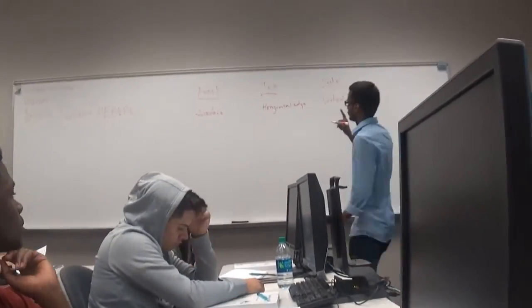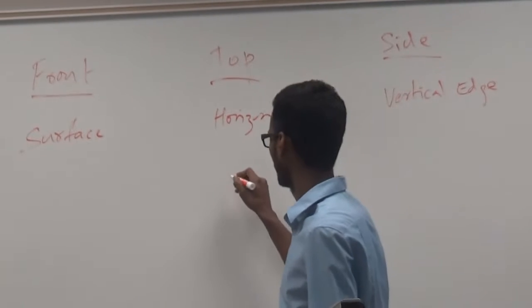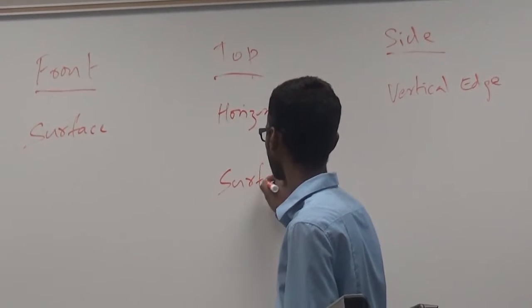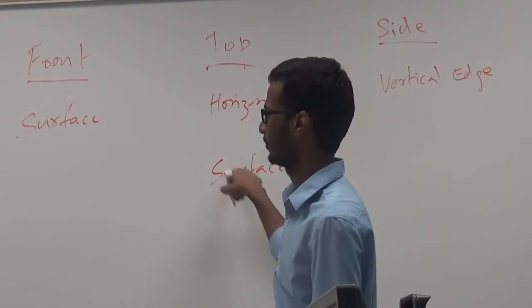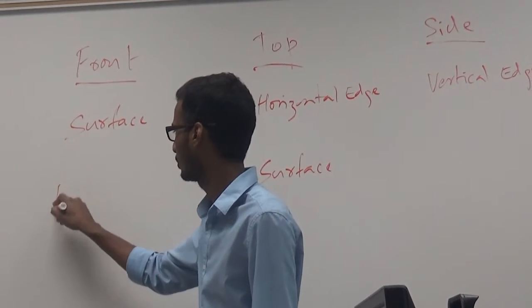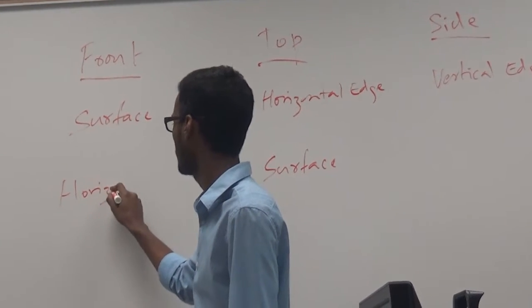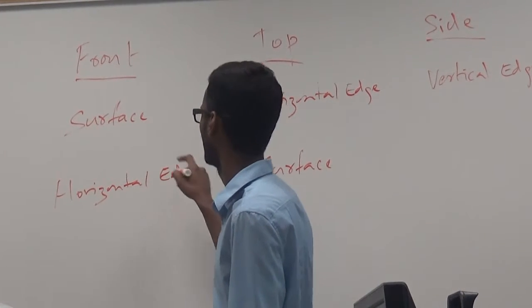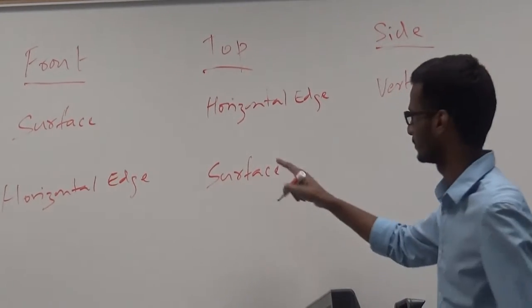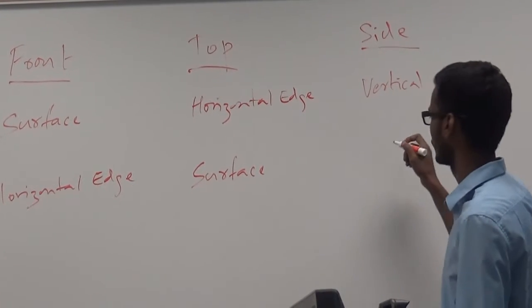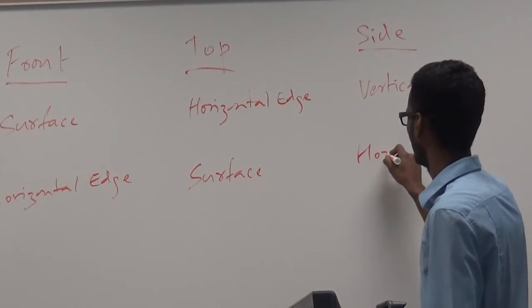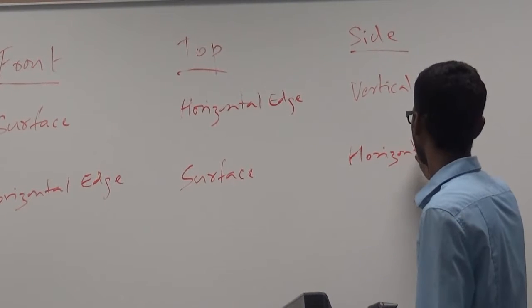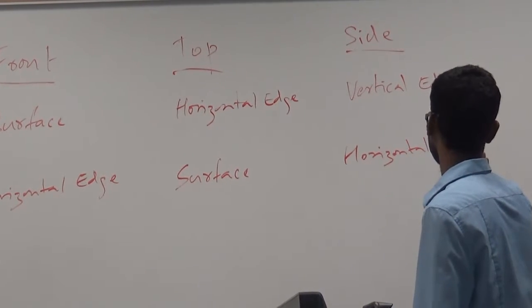So let me write that too. I have a surface in my top view. This same surface would be a horizontal line or horizontal edge in my front view, and the same surface, if I'm looking from the side view, will also be another horizontal edge.